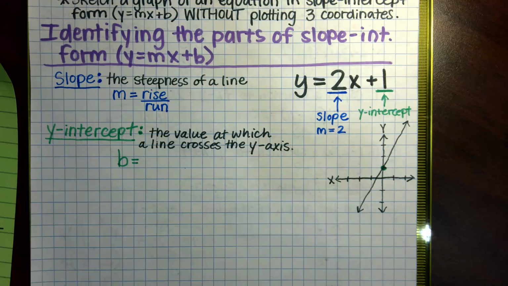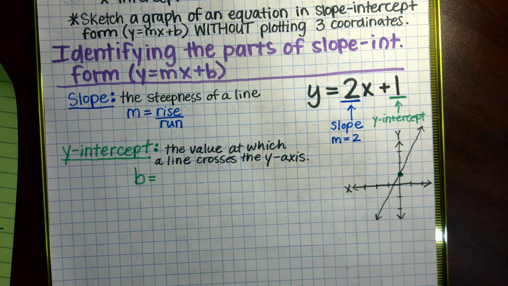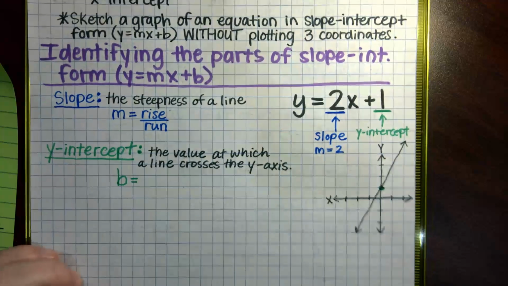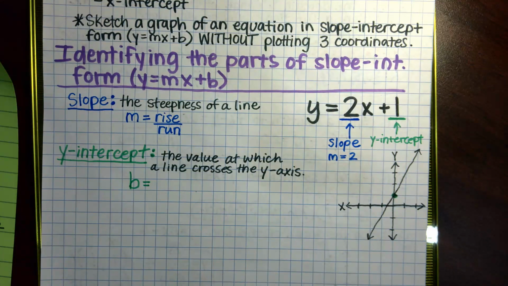So this goes back into the theory of math and the people that developed the way things are written. And I'm not a mathematician. I just teach high school math, guys. But the y-intercept is not telling you necessarily the y value.